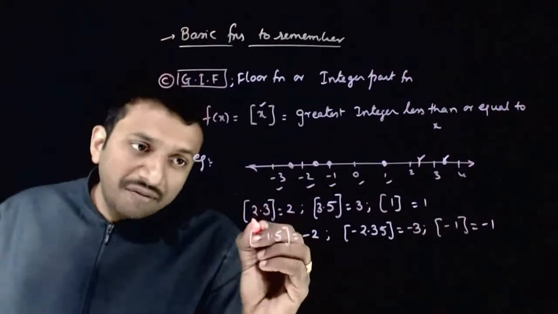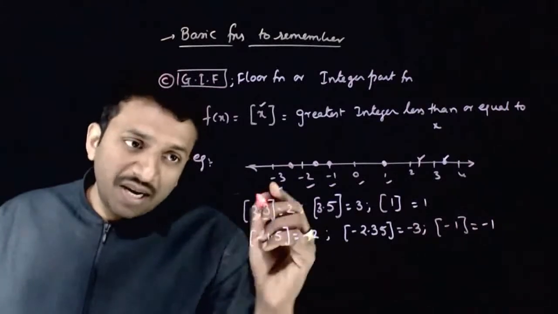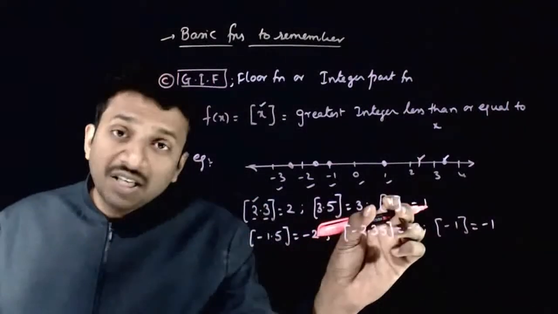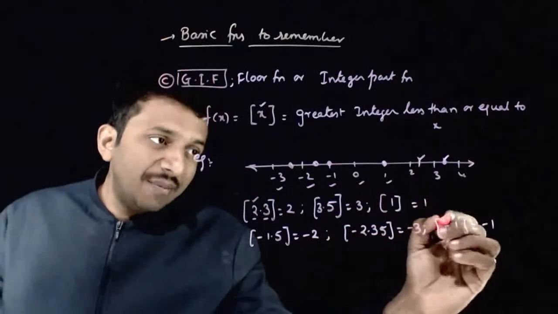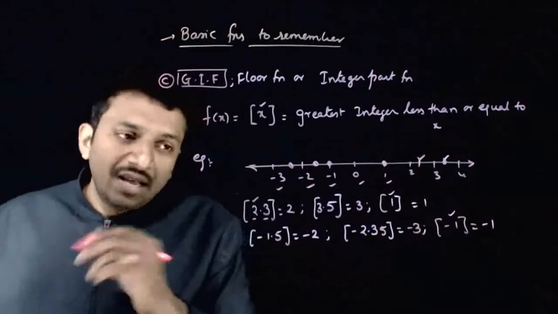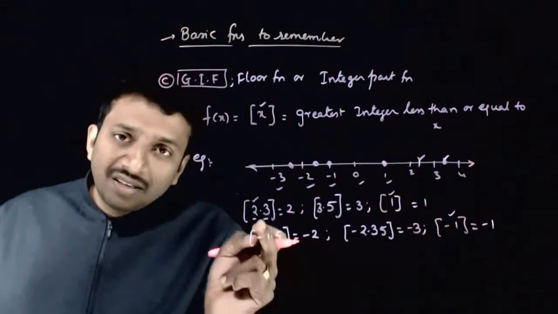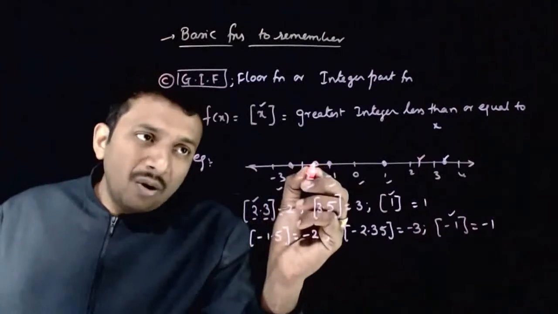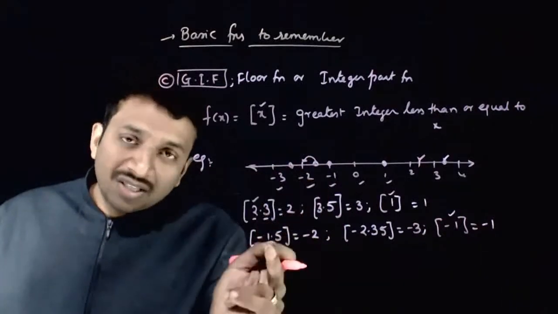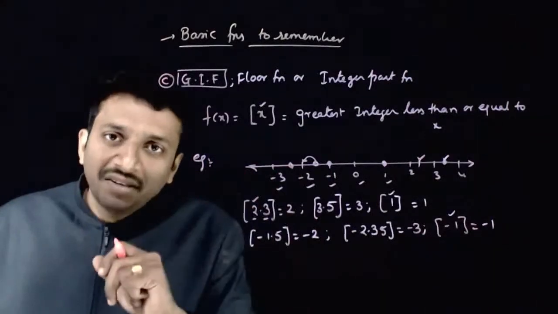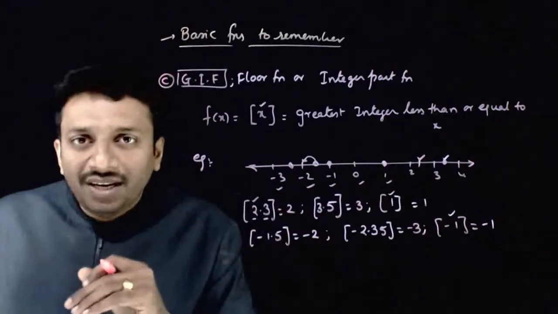Whenever you have 2 point something on the positive side, whatever you get before the point is the integer part, and integer part of an integer is exactly the same as the integer itself. And integer part of a non-integer is the closest integer to this number on the left side of it on the real number line.